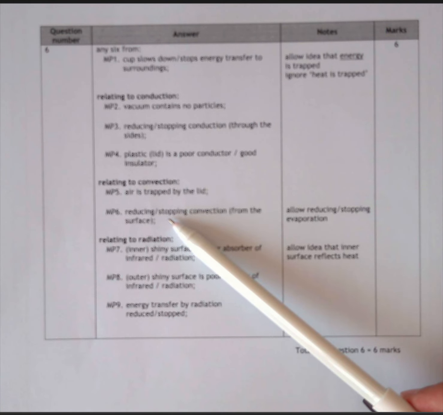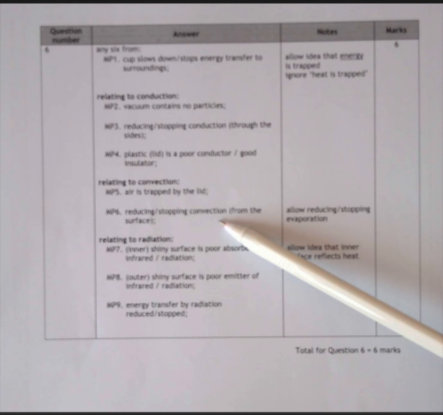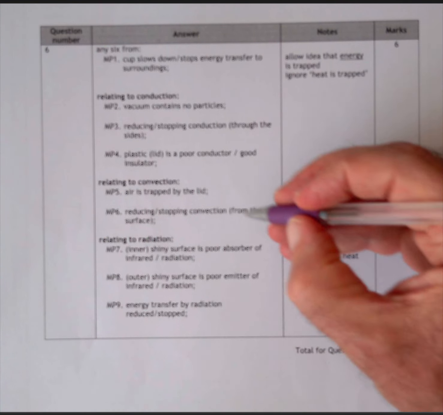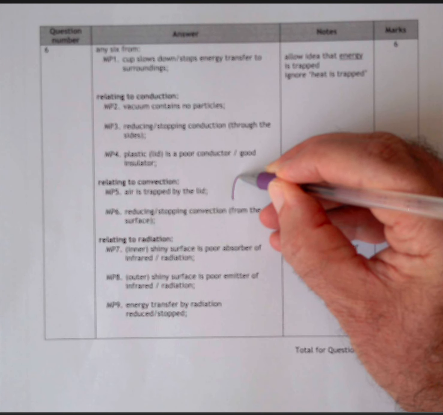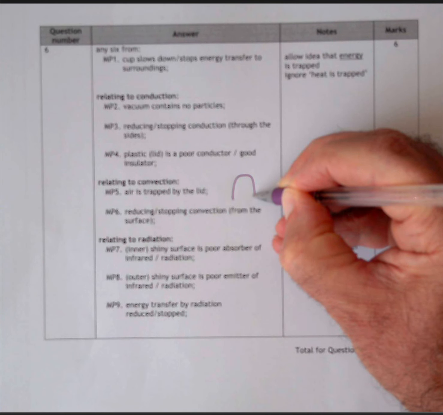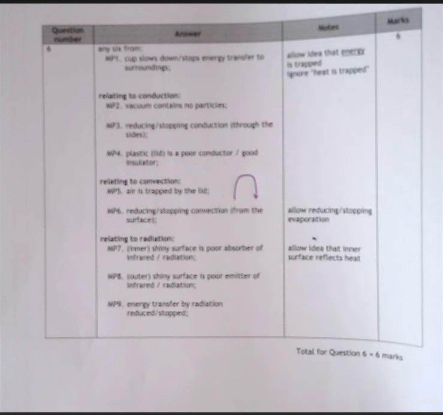By having a tight lid, once the air above the hot coffee gets warm, it can't leave the cup. Convection currents are when the hot fluid tries to go up. In this case, the air will hit the top and basically fall back down again, but it can't escape through the lid, so it minimizes heat loss through convection.